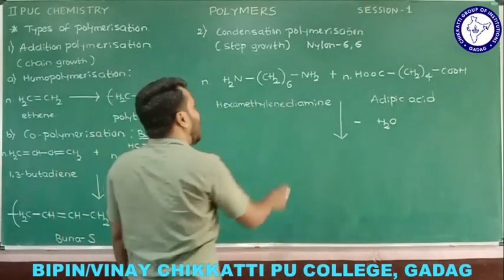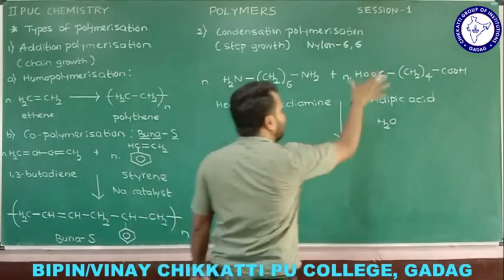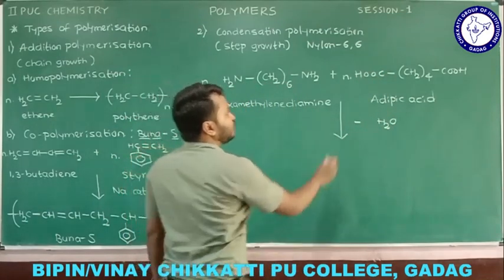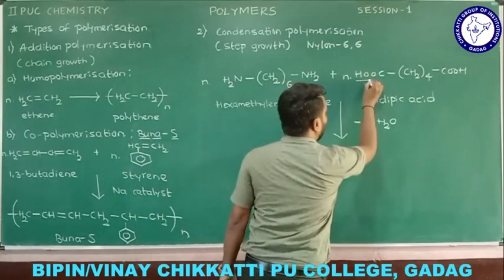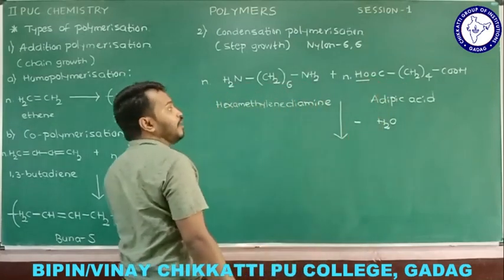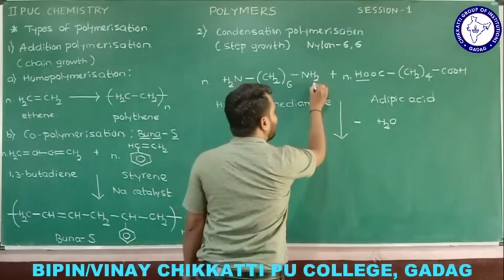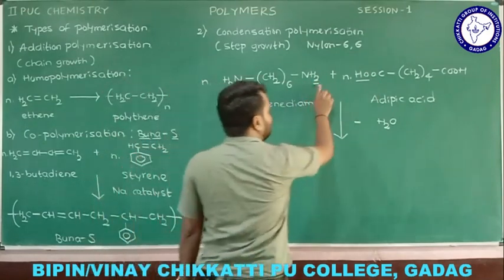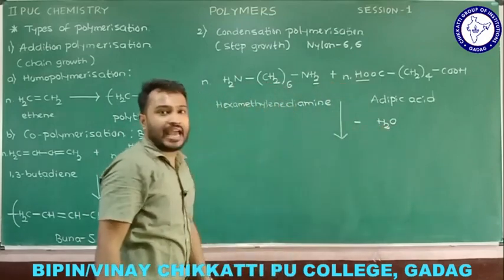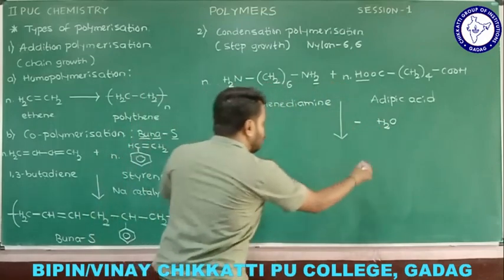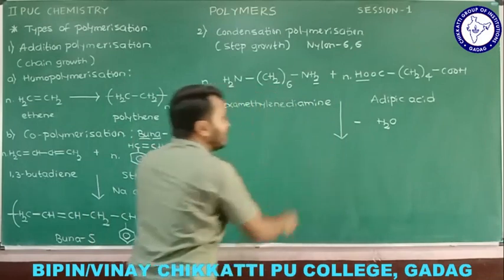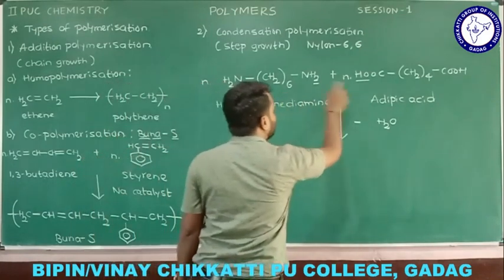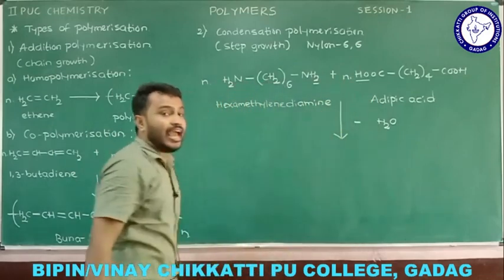Okay, and if you have one hexamethylene diamine and one adipic acid, you are supposed to remove water. So I am going to underline here OH from adipic acid and one hydrogen from this particular group NH. So H2O is going to be eliminated. So while joining these two, you need to remove the H2O part in that case here. Okay, and if you have one unit of this, one unit of this, water is going to be eliminated.